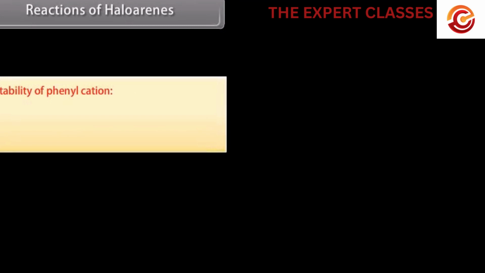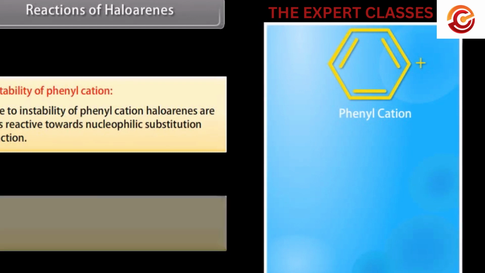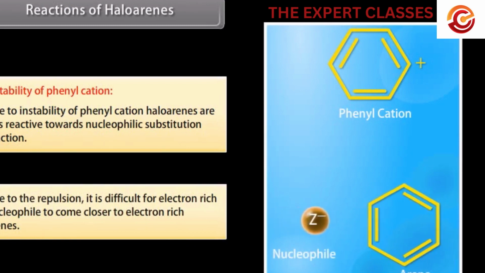Instability of phenyl cation. Due to instability of phenyl cation, haloarenes are less reactive towards nucleophilic substitution reaction. Due to the repulsion, it is difficult for electron-rich nucleophile to come closer to electron-rich arenes.